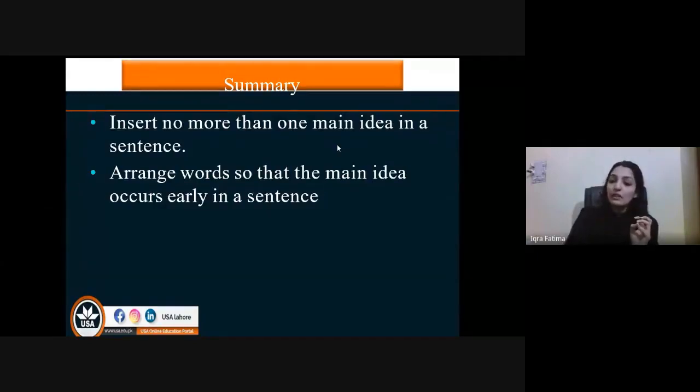You should know about each and every technique in detail, that how we can add clarity whenever you are writing and whenever you are speaking. You should have these things: if I have to make the message clear, I have to use familiar words, or I have to use precise words. I shouldn't use sentences which are too lengthy, or add different ideas in a sentence, and all my ideas should be arranged.